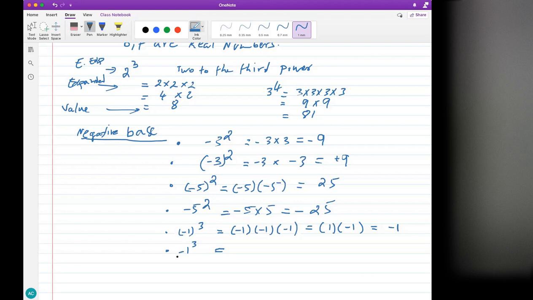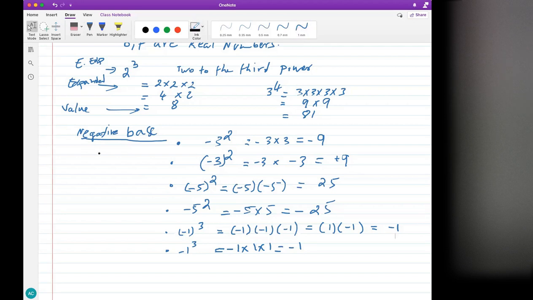Is the negative part of the base? No, it's not. So you're just going to write that negative because there are no parentheses. Bring that negative over. Let's expand 1 to the third, which is 1 times 1 times 1. Again, the negative will always be there. 1 times 1 times 1 is 1. It really depends on the power. So you may get the same result, but the method is different. So this is the expansion of both. Okay, so keep that in mind.